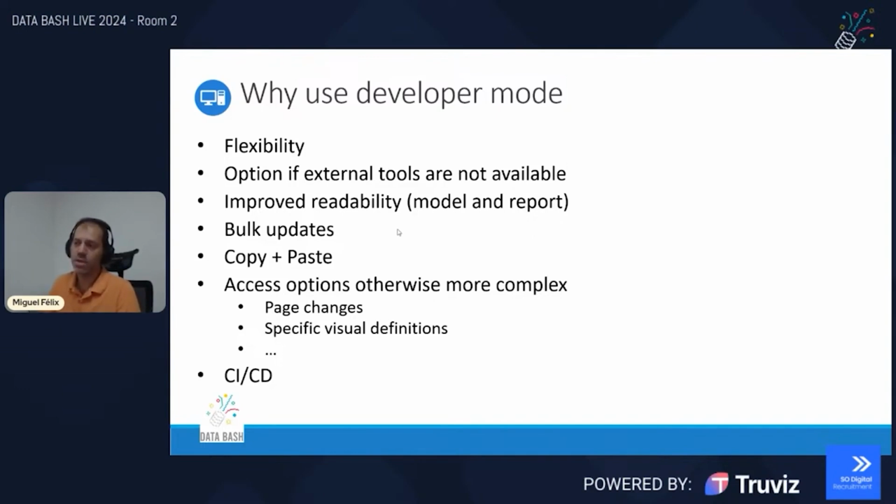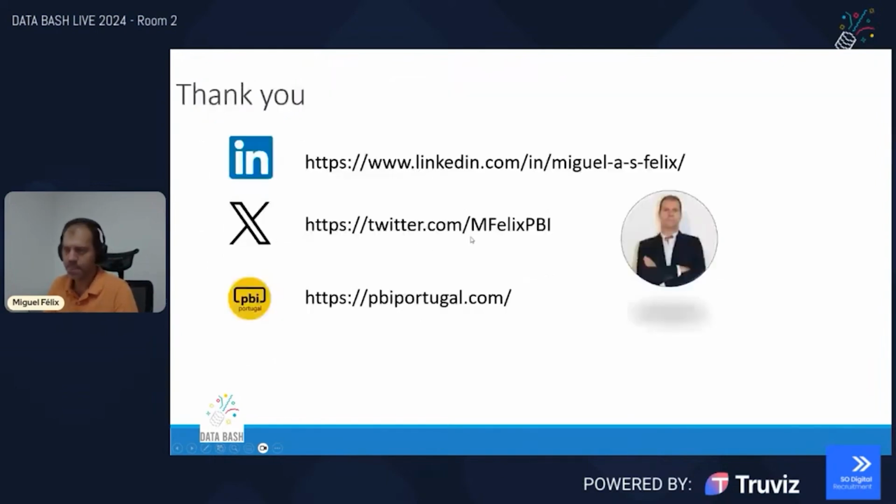As you could see, the model and the report are very readable. You can understand everything that you have, and they are developing tools to have IntelliSense inside Visual Studio if you like to work with Visual Studio. Bulk updates, as you saw, we were able to update a measure in one go. Copy pasting, page changes, specific visual definitions, and if you want, of course, CI/CD.